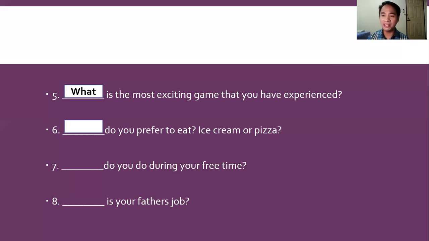How about question number 6? Blank, do you prefer to eat ice cream or pizza? So what is your answer? Which or what? Yes, the correct answer is which. Very good. Which do you prefer to eat? Pizza or ice cream?